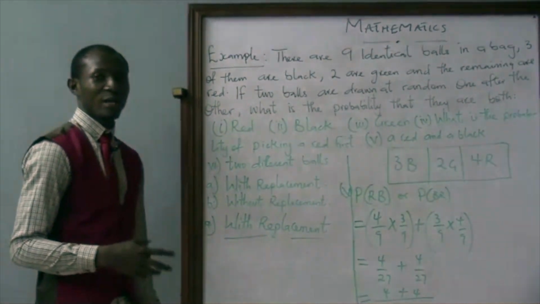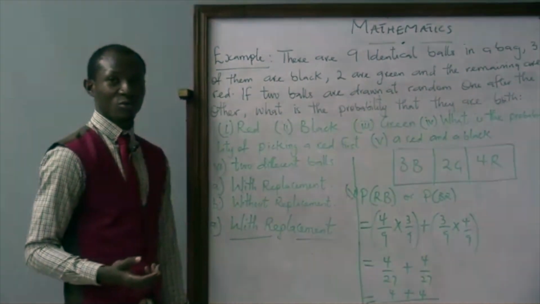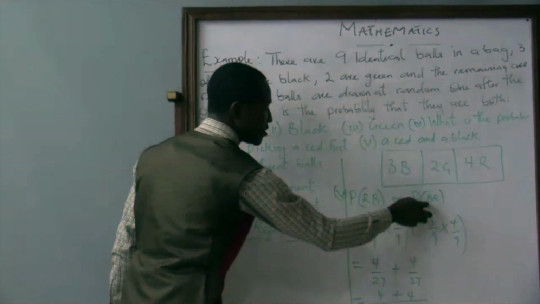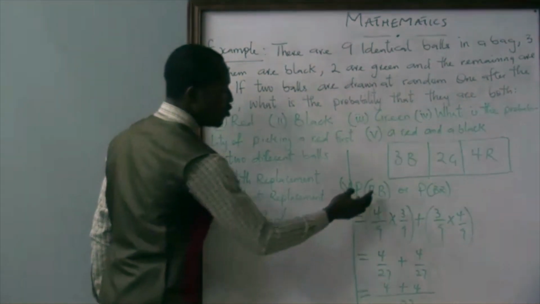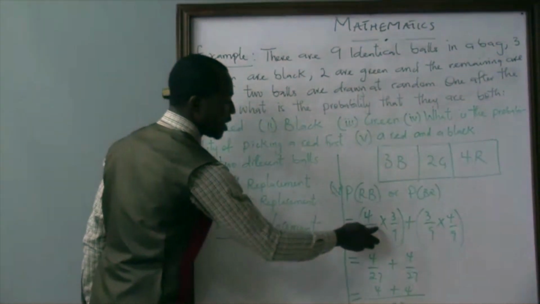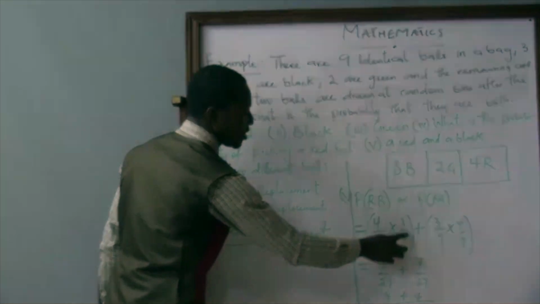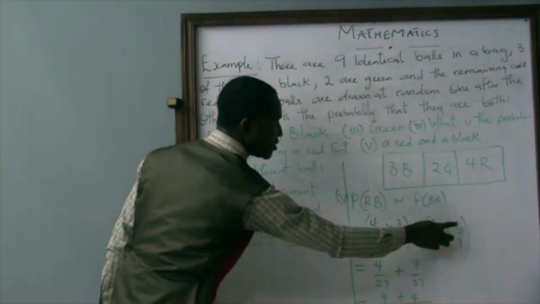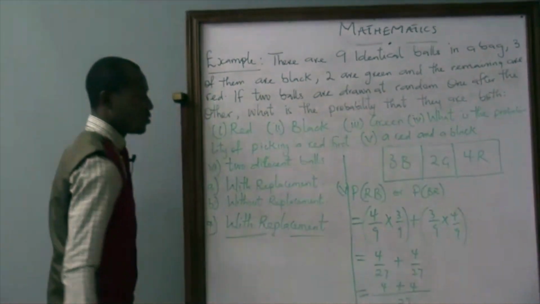A times B, 2 times 1 is 2, 1 times 2 is also 2. So it could be red first, black second, or black first, red second. Then we move on. Probability of picking a red ball is 4 over 9 times of picking a black ball, 3 over 9, plus 3 over 9 the black ball first times 4 over 9 the red ball second.